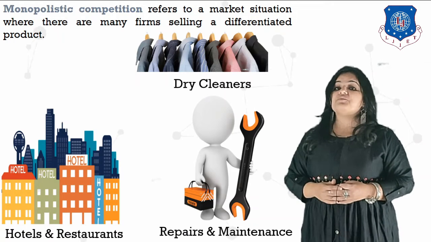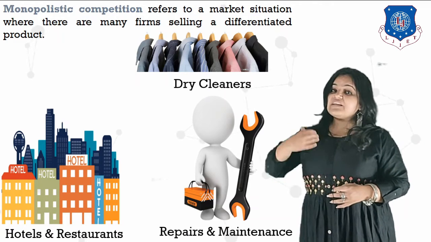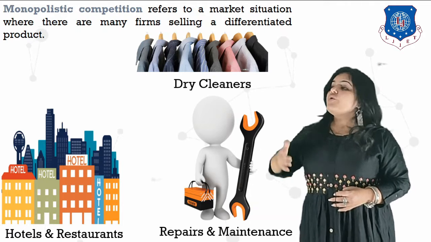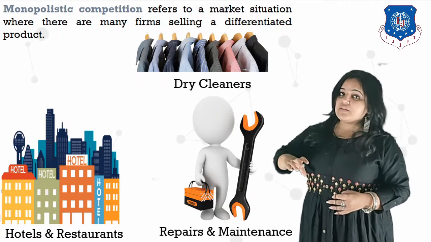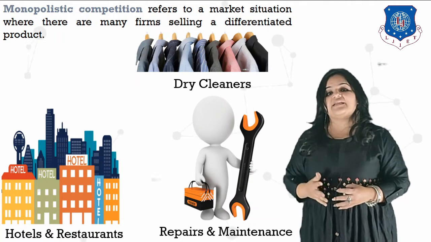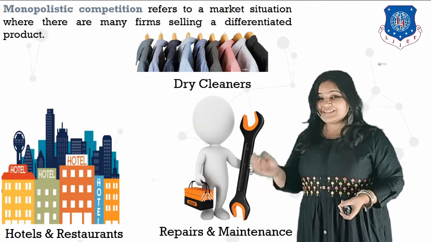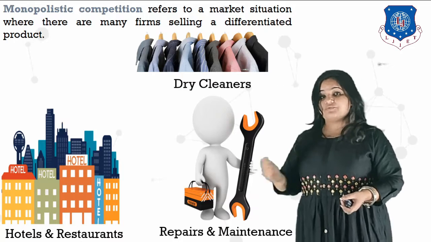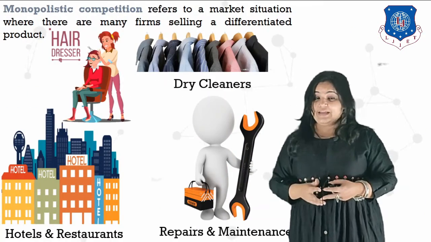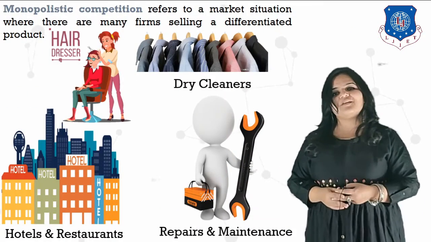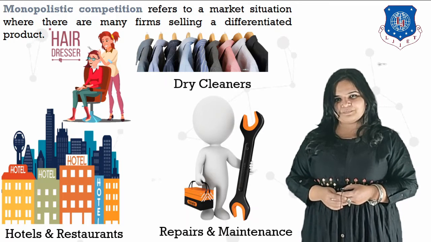So these are in monopolistic competition where they are charging for the difference they are making inside the product. Because they are selling a differentiated product, their prices may be different from each other. Also, hairdressers is also an example of monopolistic competition.